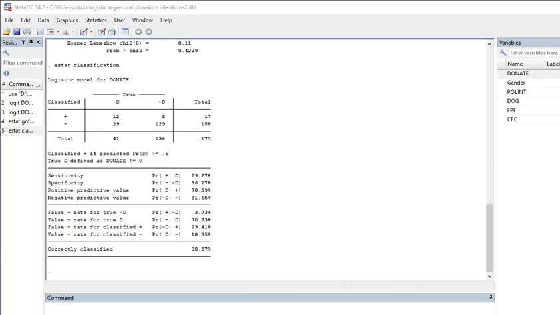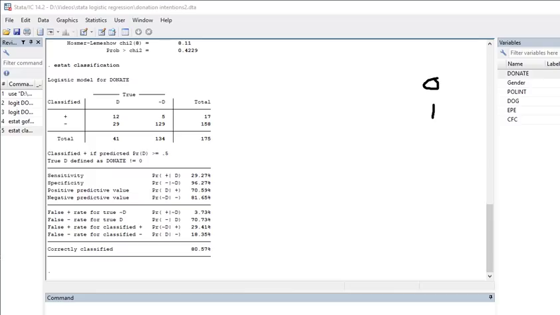And then based on those predicted probabilities, we can essentially generate a prediction as to whether a person would fall into group 0, the intend not to donate group, and group 1, the intend to donate group. So the classification table is really essentially looking at the correspondence between the observed group membership and group membership that's predicted based on the model.